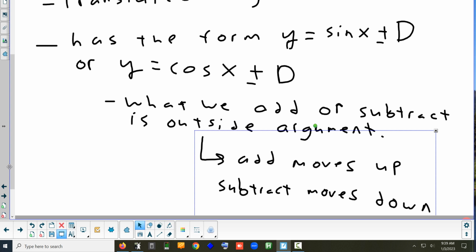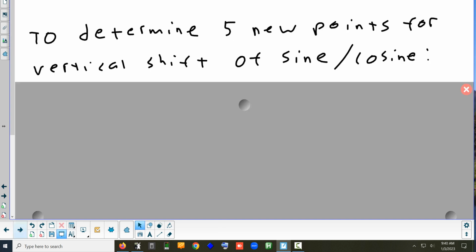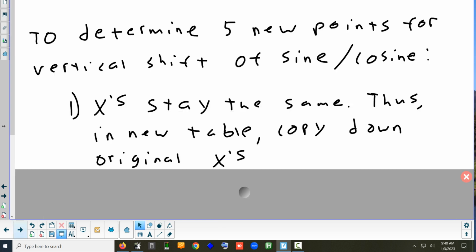If you think of a coordinate moving up and down, what part of the coordinate is affected by up or down? Yeah, the y coordinate. So this means the x's are going to stay the same. Whenever the x's stay the same, that's great, because the x's are harder to work with. You do not have to work with the x's when you go up and down.